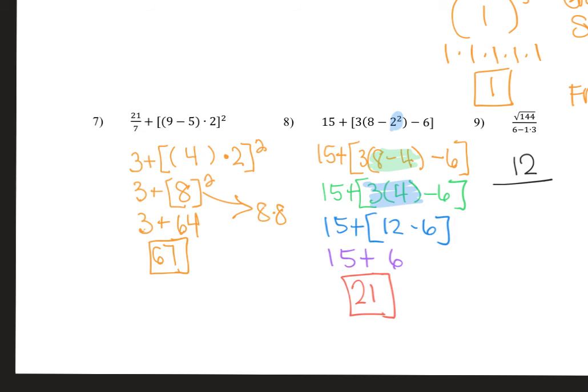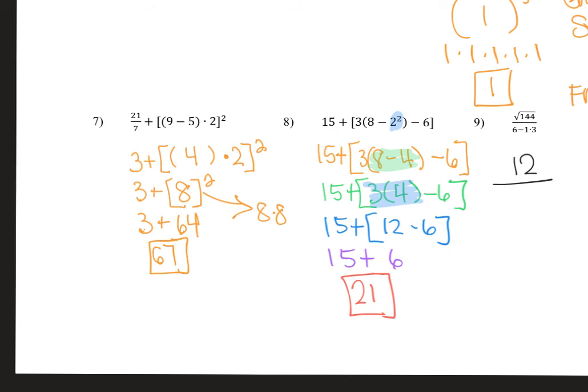So I'm going to pull that up for a second. So if you look, the square root of 144 will get you 12.